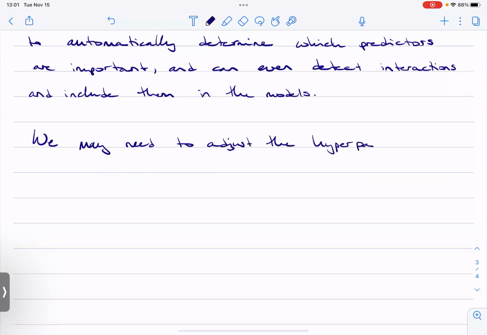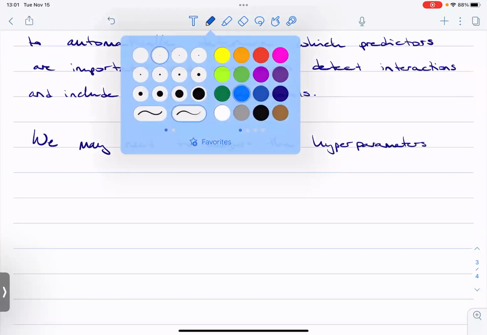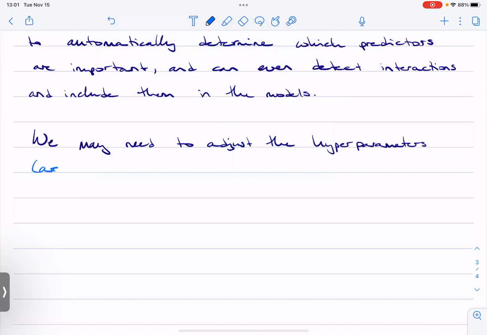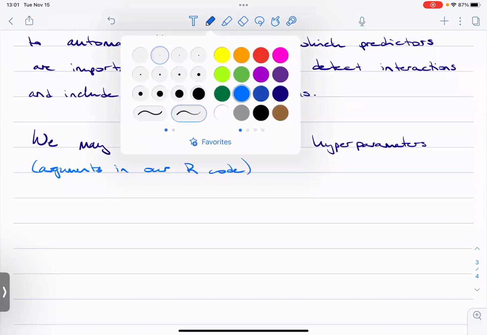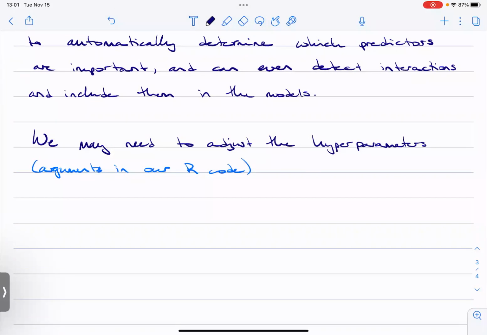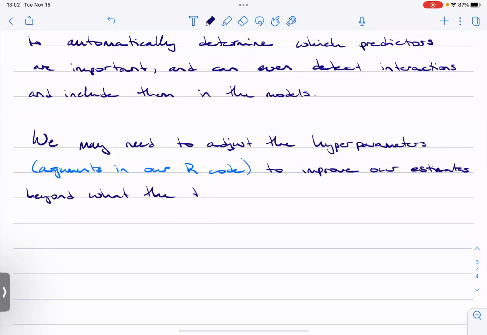We just adjust the code to improve our estimates beyond what the default settings can give us.